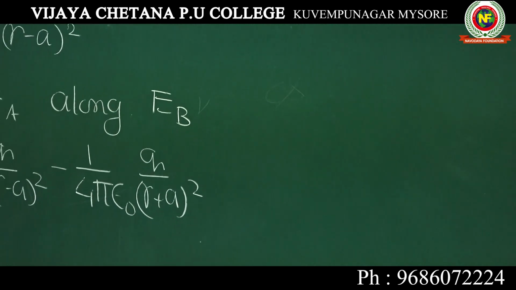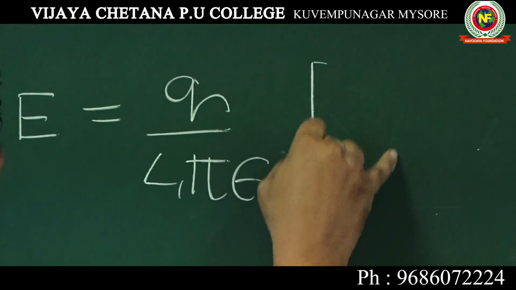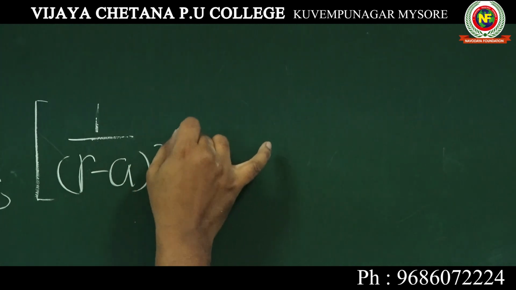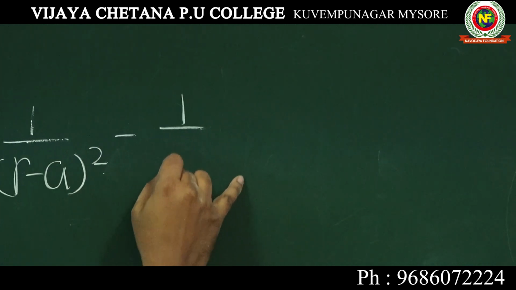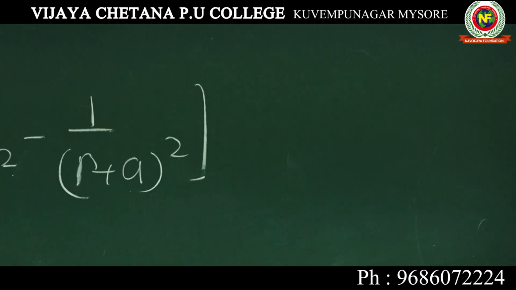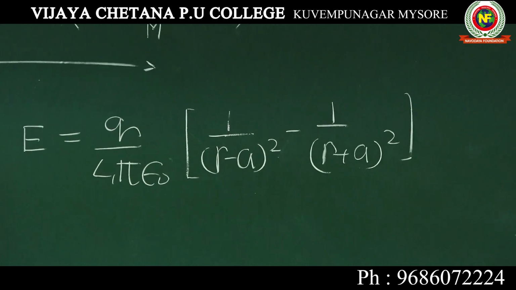Okay. Now, taking out the common factors, epsilon naught into 1 by R minus A whole square minus 1 by R plus A whole square. I think you have understood. Q and 1 by 4 pi epsilon naught are common factors.